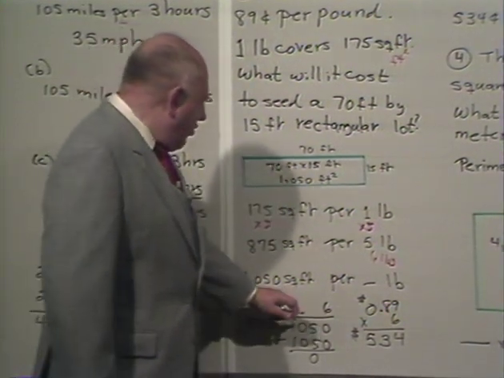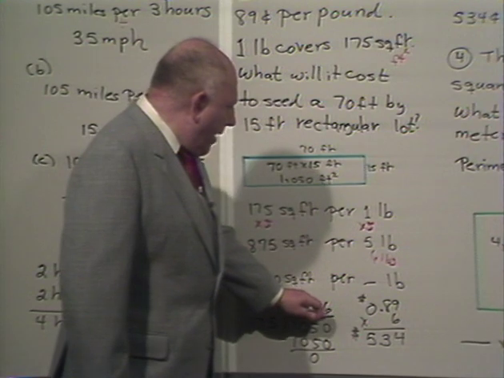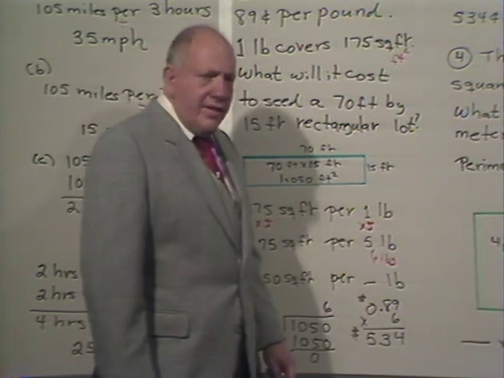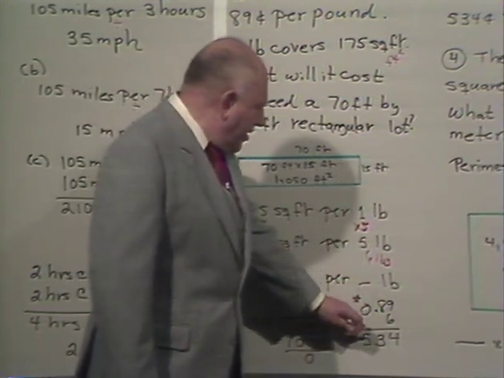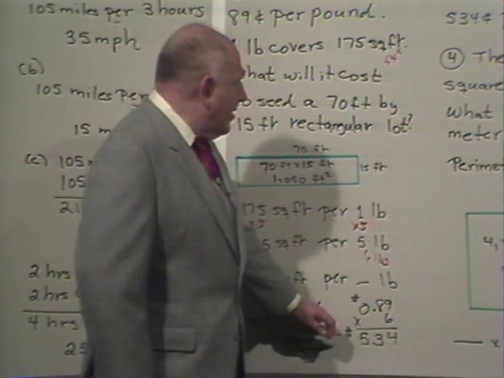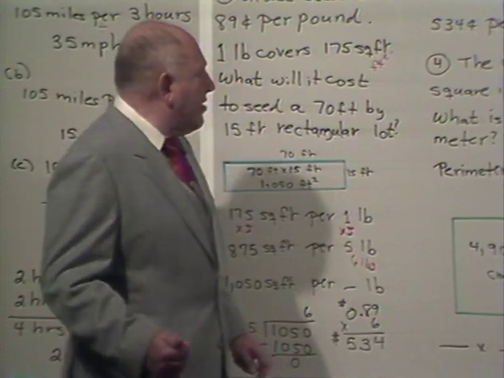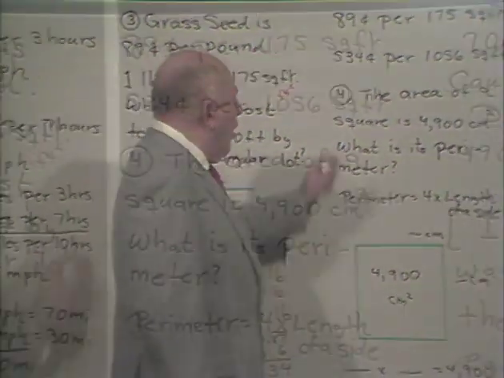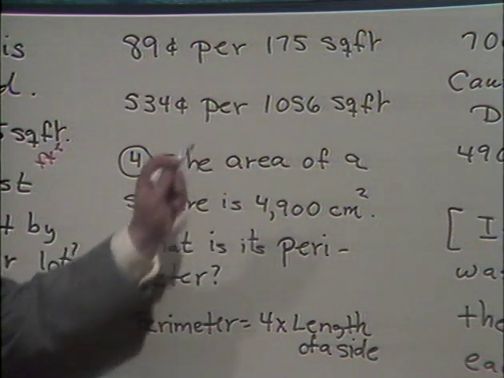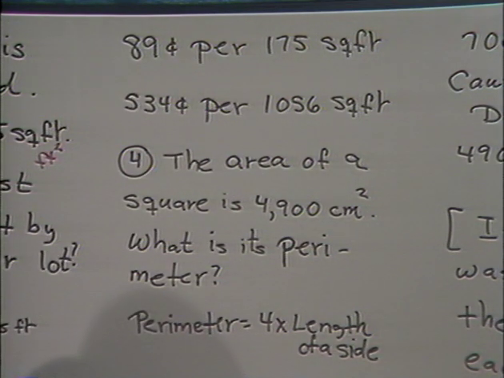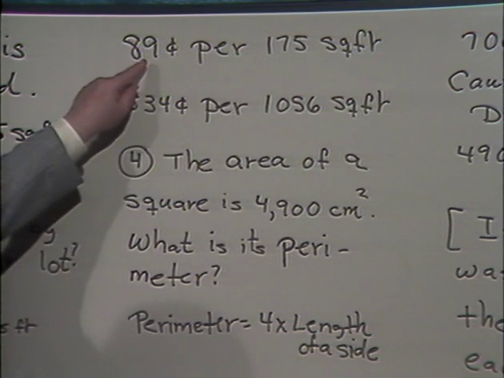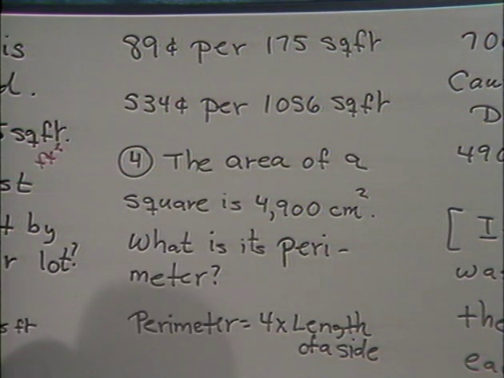At any rate, this tells you that it's going to take 6 pounds. Each pound costs 89 cents, so you're going to have to pay 89 cents 6 times, and the answer is $5.34. And if you want to do that by ratios again, instead of saying 1 pound takes care of 175 square feet, since a pound in terms of money is equivalent to 89 cents, you can say it's going to cost you 89 cents per 175 square feet.